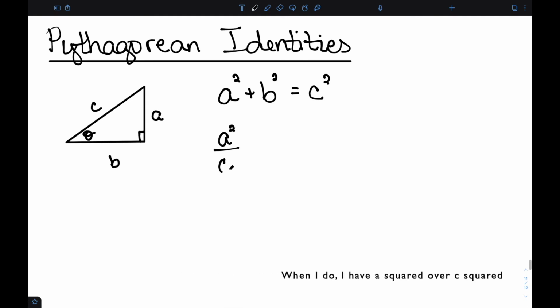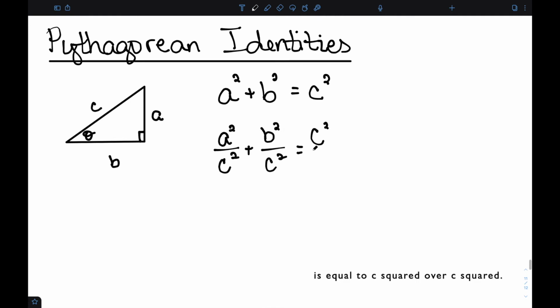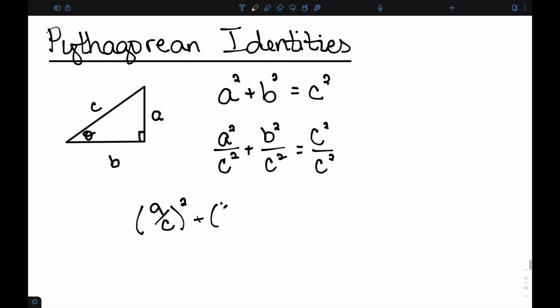When I do, I have a squared over c squared plus b squared over c squared is equal to c squared over c squared, or (a over c) squared plus (b over c) squared is equal to 1.